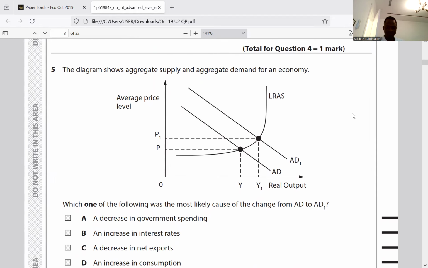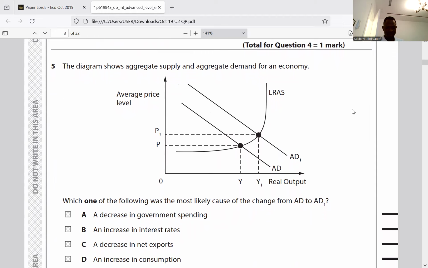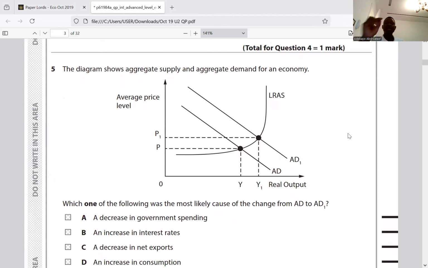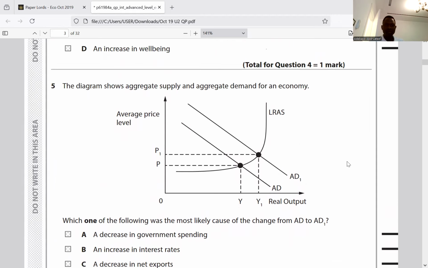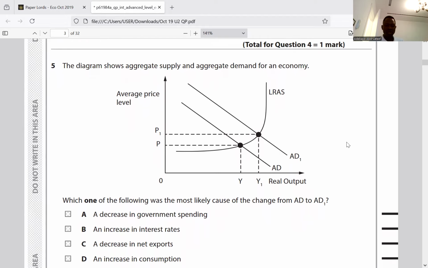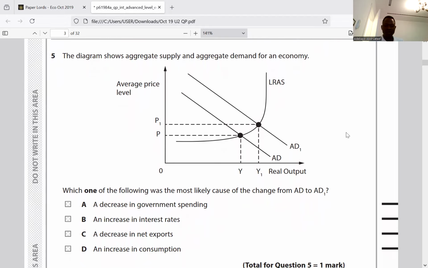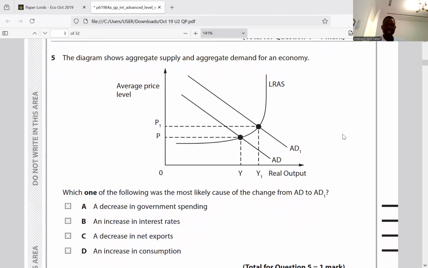Are you sure? Yeah. Okay. So tell me, what did they say about unemployment here? Sorry, we're in question 5, right? Yeah. Okay. So they said, which one of the following is most likely the cause of the change from AD to AD1? A decrease in government spending.